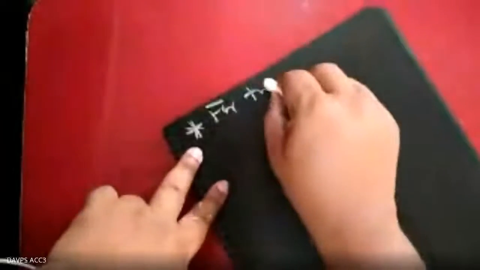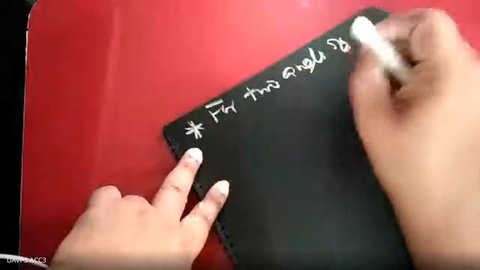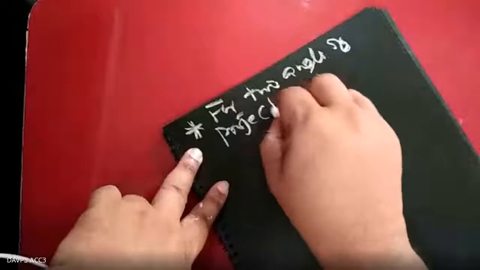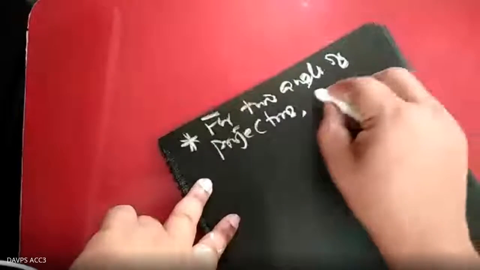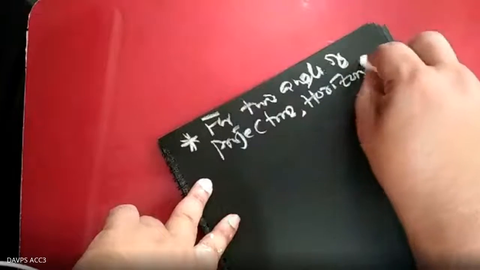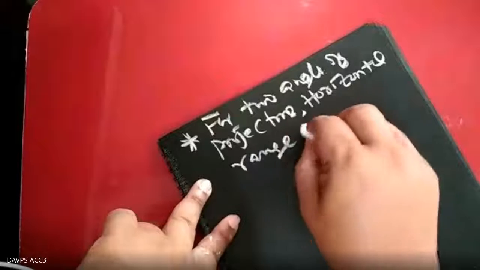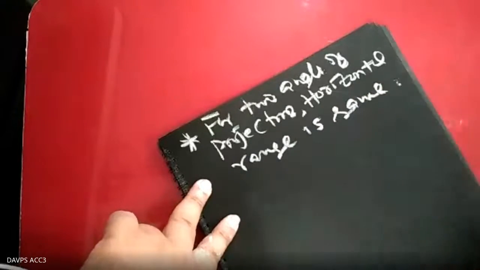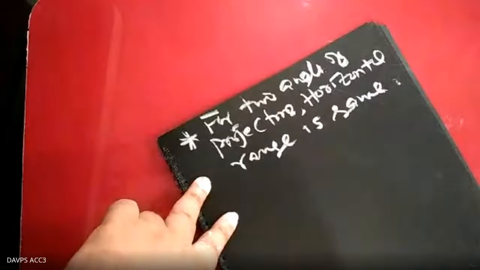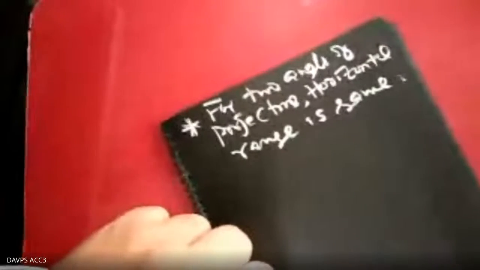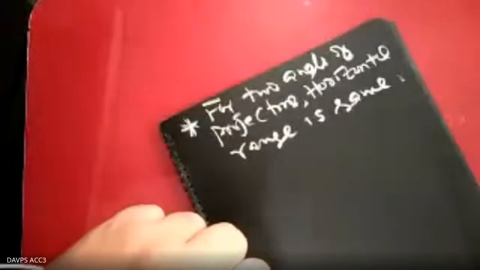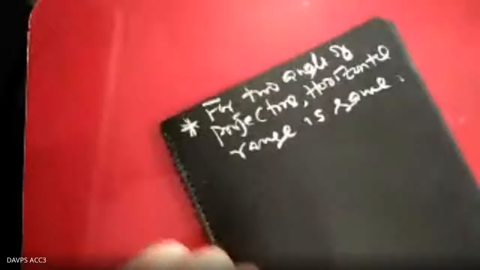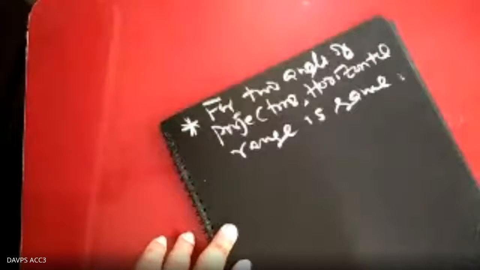Here I am discussing now, for two angles of projection, the horizontal range is the same. So what are those two angles of projection? How can you find that for two angles of projection, the horizontal range is the same?